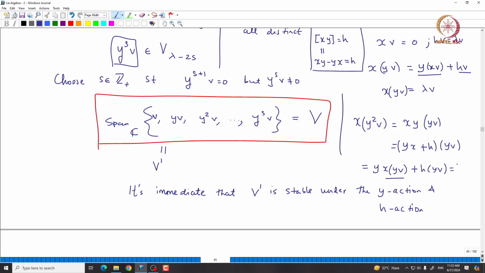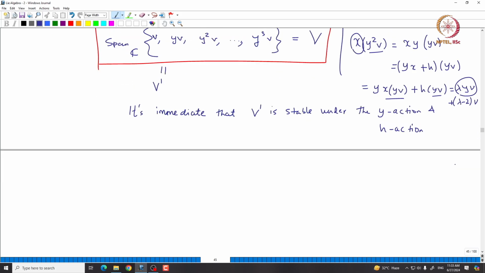So, this is giving λ y v plus, since y v is an eigenvector corresponding to the eigenvalue λ-2, (λ-2) y v. So, that means when you take y^2 v and apply x on that, it is going to lie in the span of v and y v. That is the observation that we made.